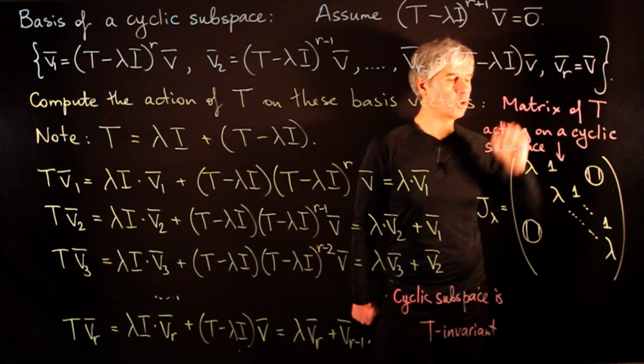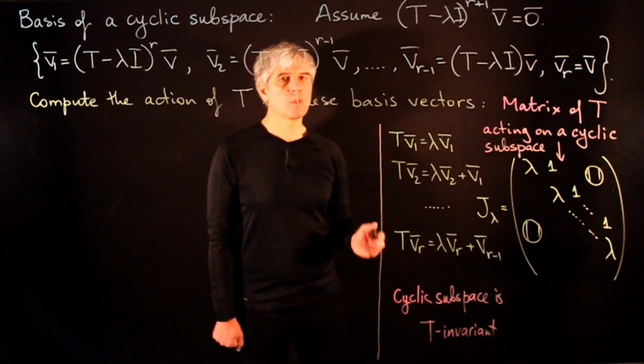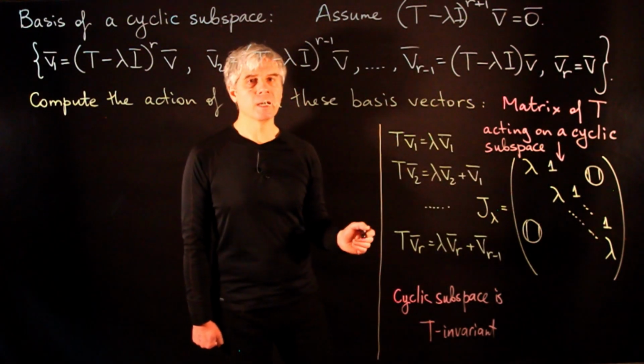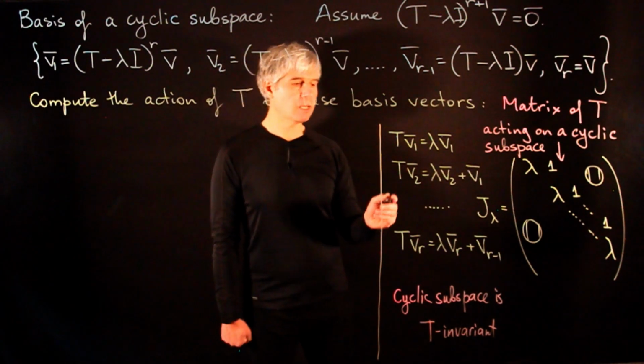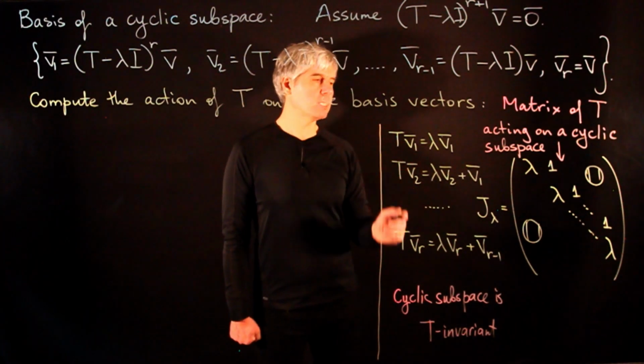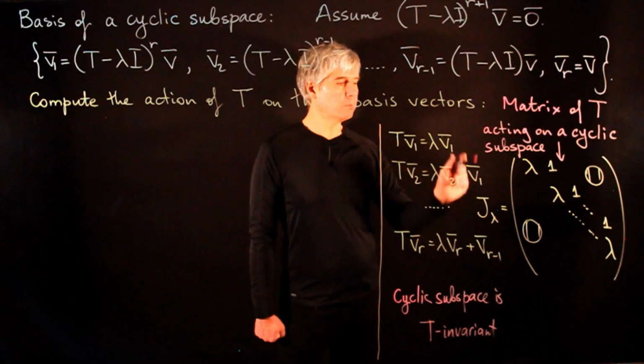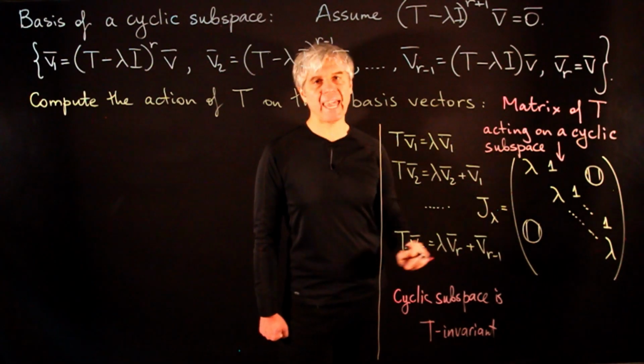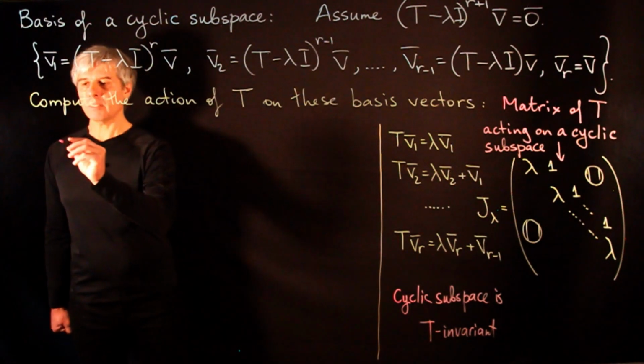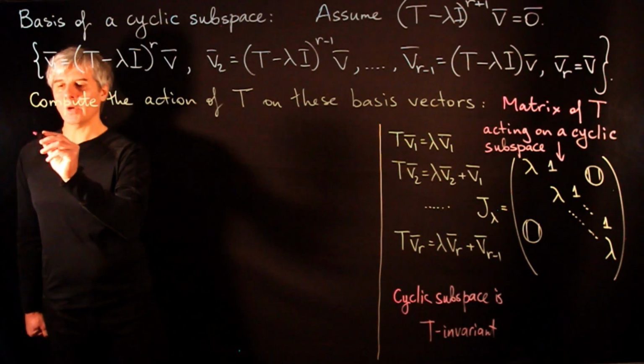is the Jordan block. The Jordan normal form theorem claims that there exists a basis in which the matrix of T has Jordan blocks arranged along the diagonal. This can be reformulated in the following way.